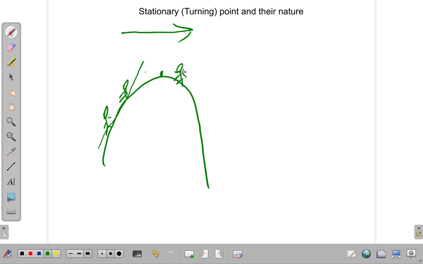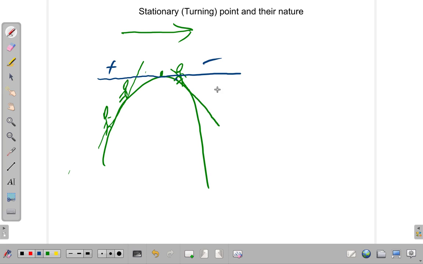Now, that means the hill has a negative gradient. You've turned from positive to negative right at the top of the hill, so you're at a turning point, where you turn from positive to negative, right?